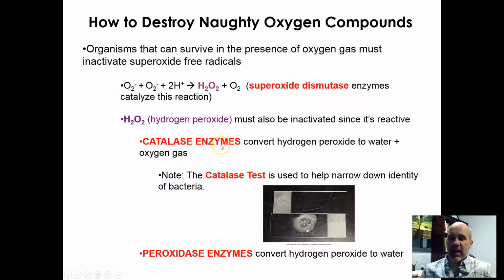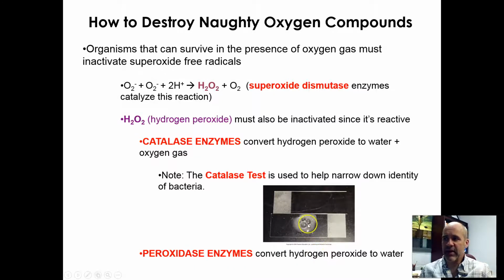Now, the presence of catalase is actually the basis for a test that's used in microbiology laboratories. We have catalase enzymes in our cells, and so do many bacteria, but not all of them. So what you can do is smear some bacteria, like some growth from a culture, on a glass slide, and just drip some H2O2 on the bacteria.